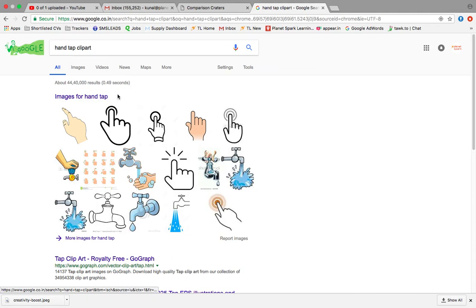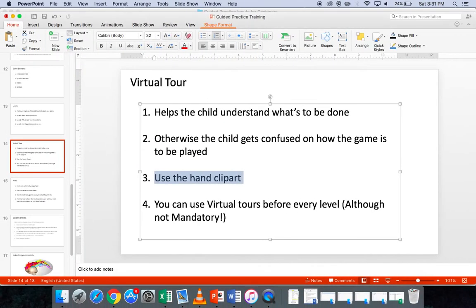It's just there to guide the designer. The designer will put the proper icon, etc. You don't need to worry about that. You can just use it from Google Images, because your PPT is just for the designer's input. So when you're making your PPT, you can pick up the hand from wherever you want and show your virtual tour in some slides.